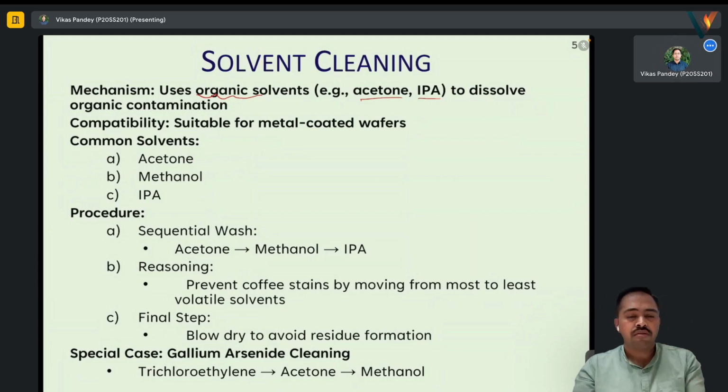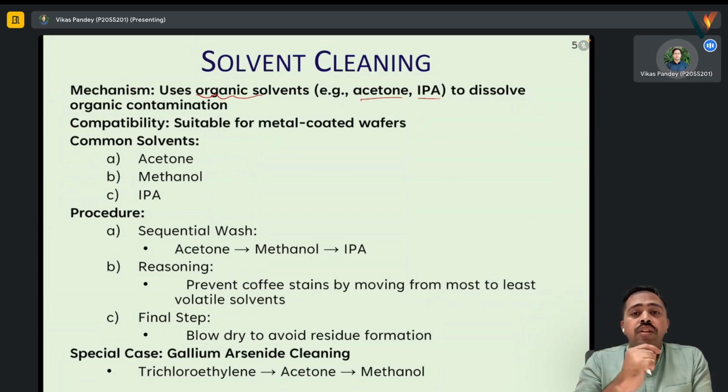After that, we are doing some subsequent processes, and in these subsequent processes some organic contamination may come. Like sometimes we go for lithography, and photoresist comes, and these things.